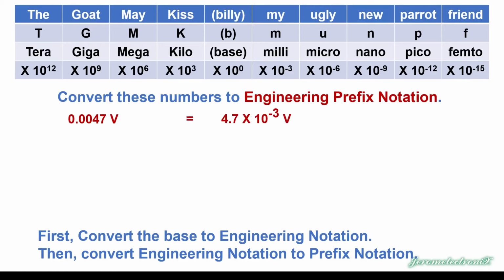So the answer for this one will be 4.7 times 10 to the negative 3 volts. Right? And now all we have to do is find that 10 to the negative 3 on the table above, and we realize that's milli. So it's 4.7 millivolts. Not so bad.